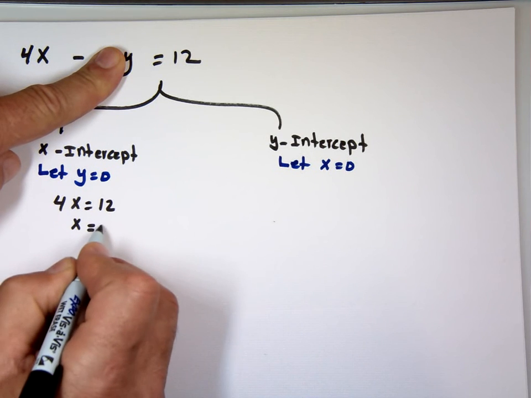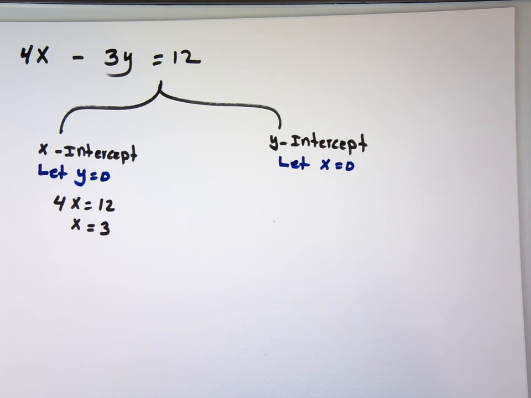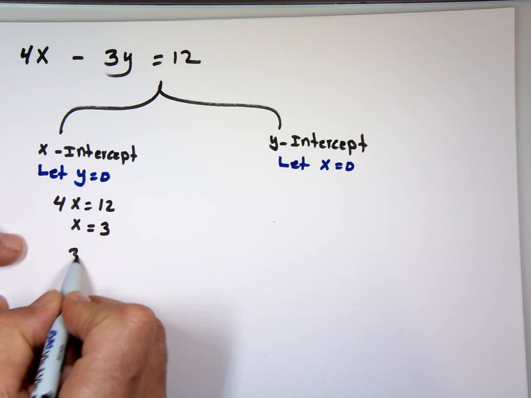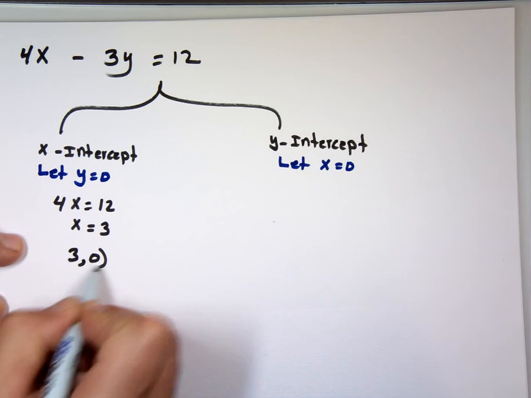3. Notice I can write that as a point. X is 3, y is what? 0. That's 1 point.